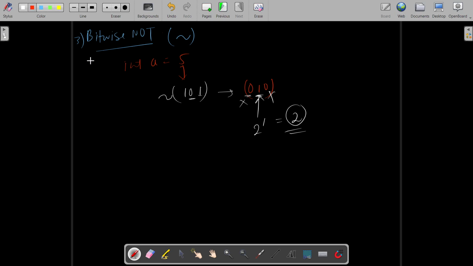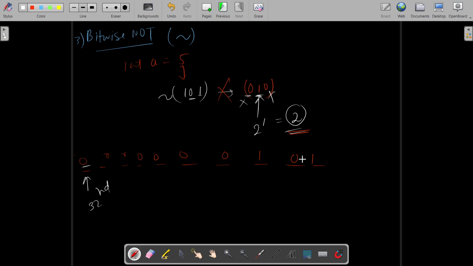So we won't get 2 actually. We have 32 places, and only these first three places are filled and the rest of the places are zero, till the 32nd place. Let's say this is the 32nd place. Till this place every bit is zero.